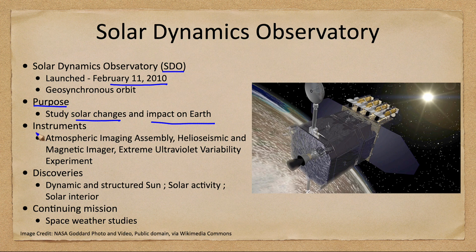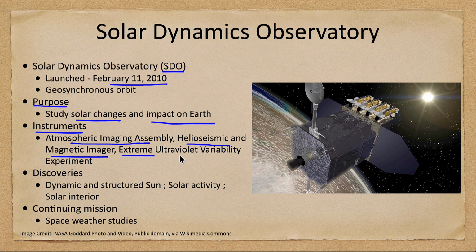Now, the instruments that exist there include the Atmospheric Imaging Assembly, which captures high-resolution images of the sun in multiple wavelengths, revealing different layers of the solar atmosphere. The Helioseismic and Magnetic Imager measures the sun's magnetic field and tracks vibrations on the solar surface, allowing scientists to probe the solar interior.